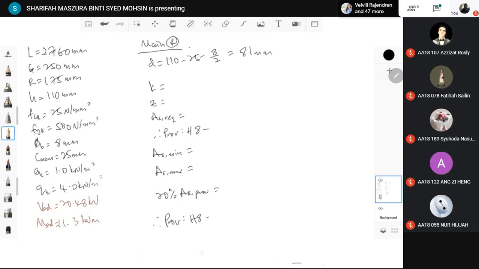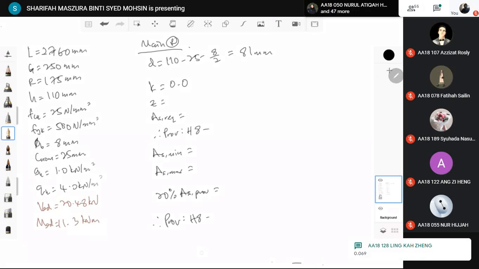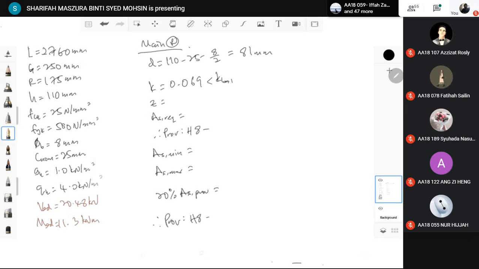Based on your calculation, what do you get? 0.09, which is lower than K balance. So it is singly reinforced.